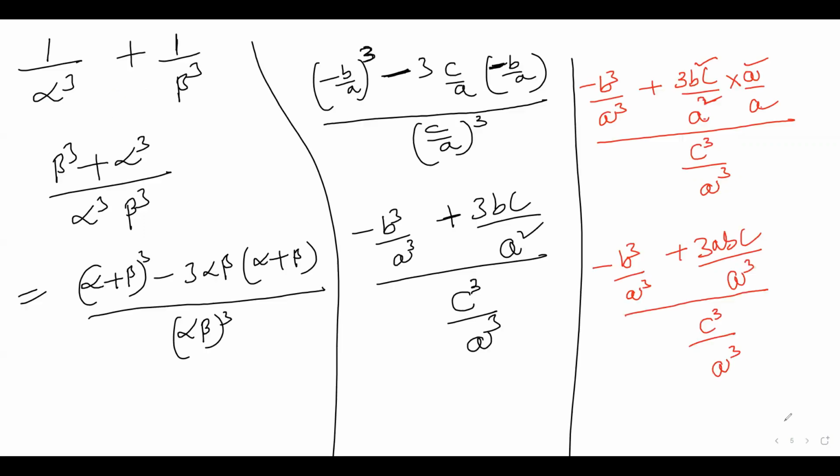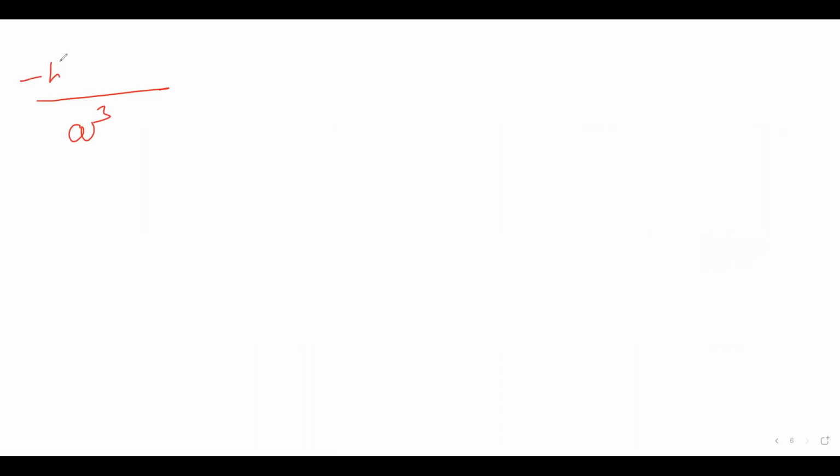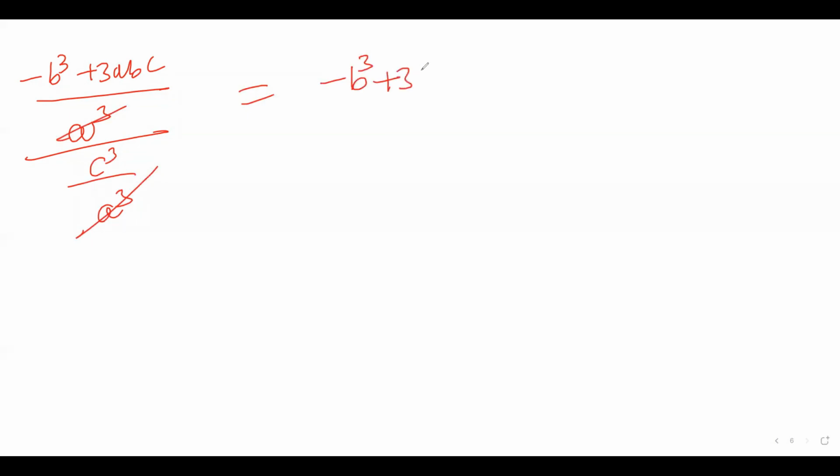Take a cube, LCM: minus b cube plus 3abc. In the denominator, you will have c cube by a cube. A cube will get cancelled. You will be getting minus b cube plus 3abc by c cube as the answer.